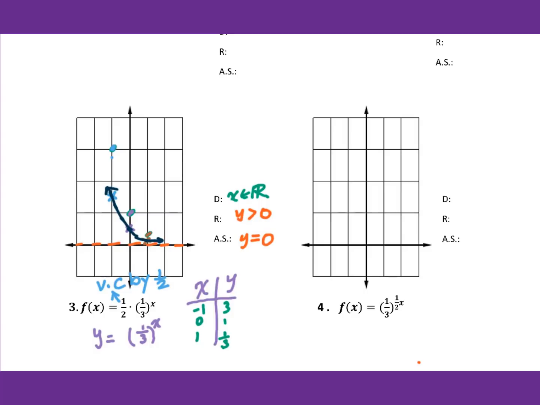For number 4, this time, still your parent function will be 1 over 3 to the x power. We set up the parent function x, y, -1, 0, 1. You got 3, 1, and 1 over 3. Domain definitely is all real numbers.